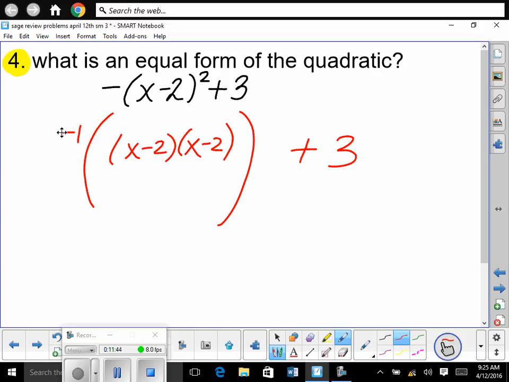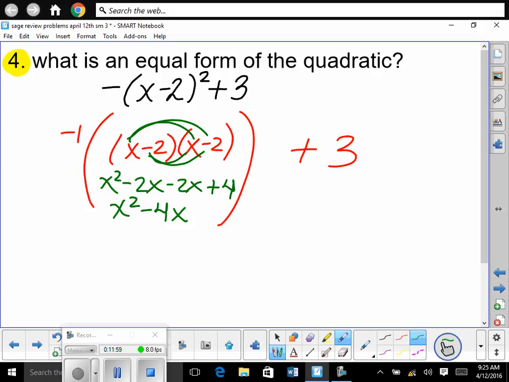Now let's distribute. x squared minus 2x minus 2x, and careful, plus 4. So inside our parentheses, we have x squared minus 4x plus 4, right? Now the negative was in front, so we have a negative 1 multiplied to all of that.